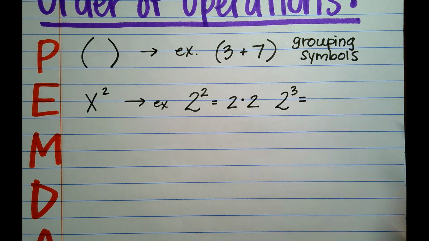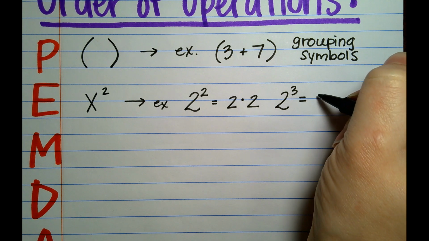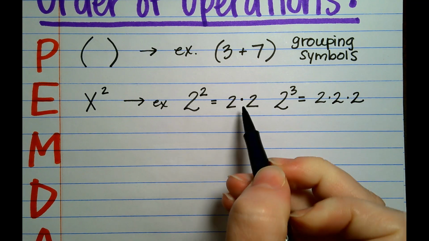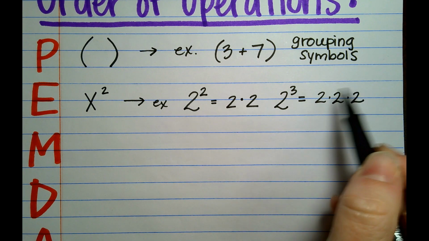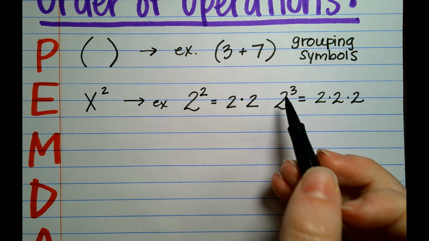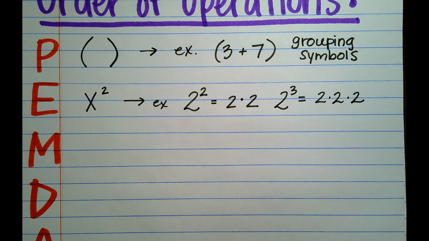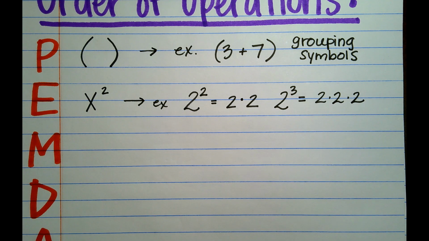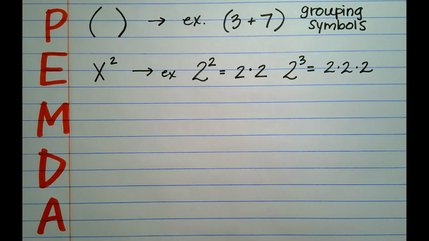What would I do for this one? Yes, 2 times 2 times 2. Notice we did it 2 times for squared, 3 times for, this is actually called cubed, but we'll say to the third power. And we do exponents next. That is the next thing after there's no more operations in parentheses. Okay.